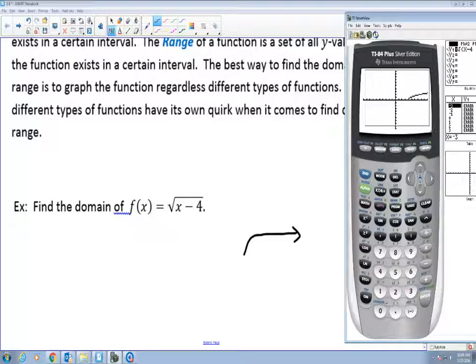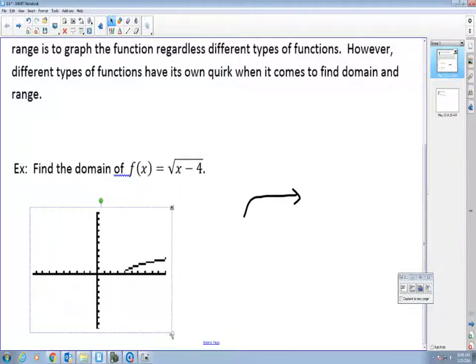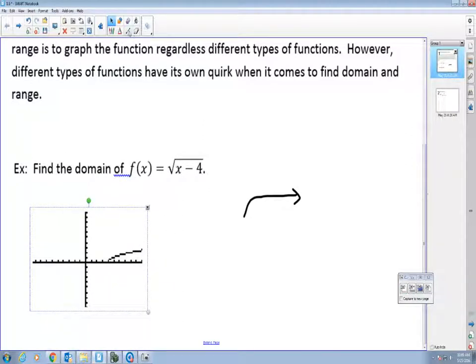Alright, so the function keeps on going to the right in terms of domain. My function keeps on going to the right side, and it will actually start at this point.